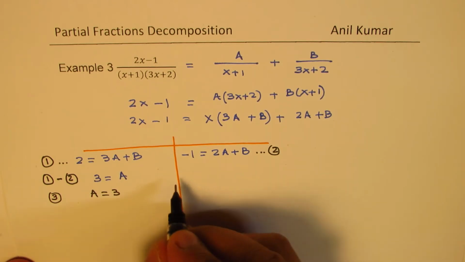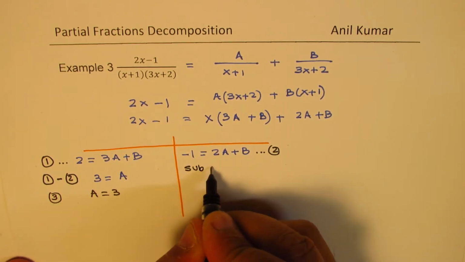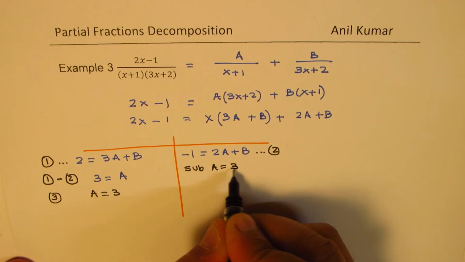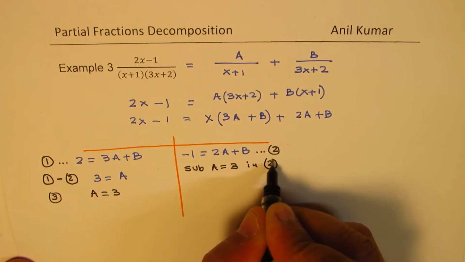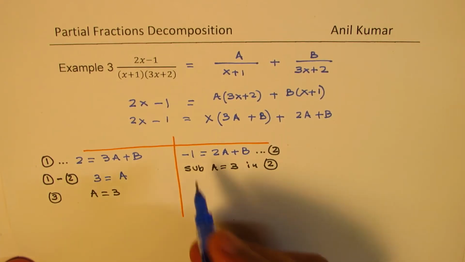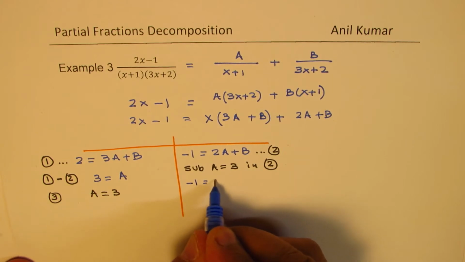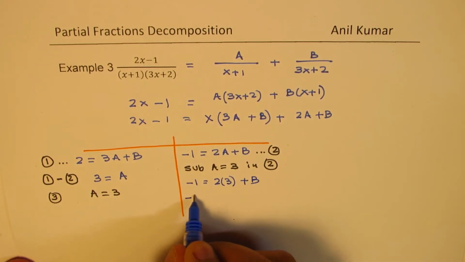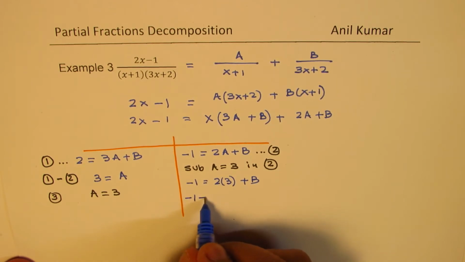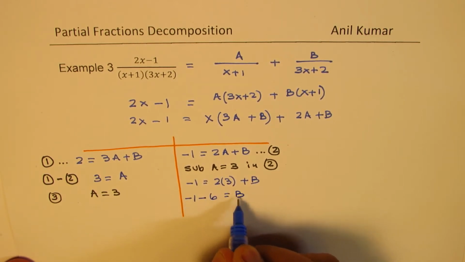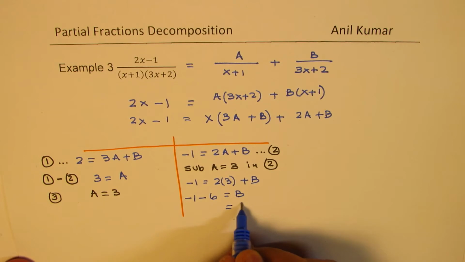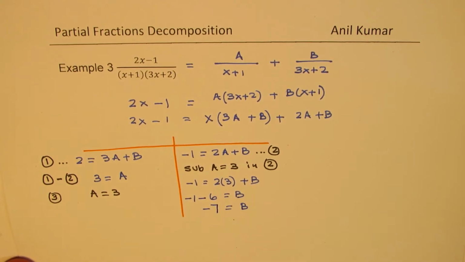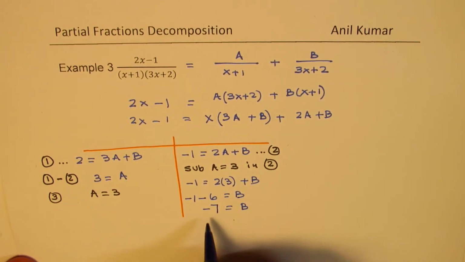So we can now substitute a equals to 3 in equation 2, right? So when you do that, you get minus 1 equals to 2 times 3 plus b, right? So it is minus 1 minus 6 equals to b, and that gives you the value of b as minus 7, right? So we get the value of b as minus 7.